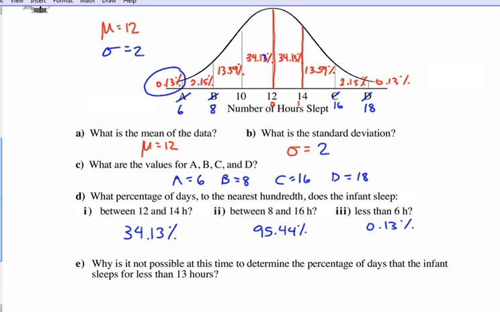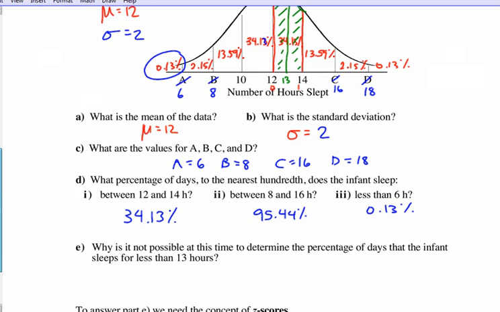So why is it not possible this time to determine the percentage of days that the infant sleeps for less than 13 hours? Well, if you look here at 13, this is curved, so you can't just divide 34.13 in half, right? That wouldn't represent that area, because the one to the left here is more than the one to the right. Right now we only know the percentages for exactly 1 or 2 or 3 standard deviations away from the mean.